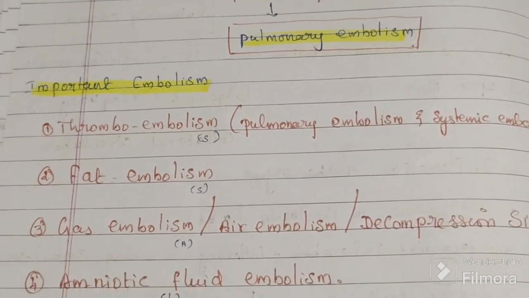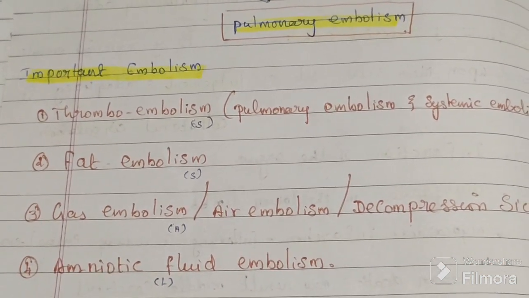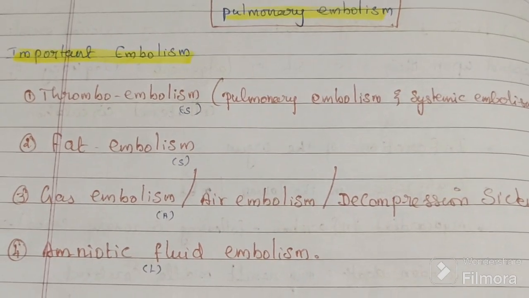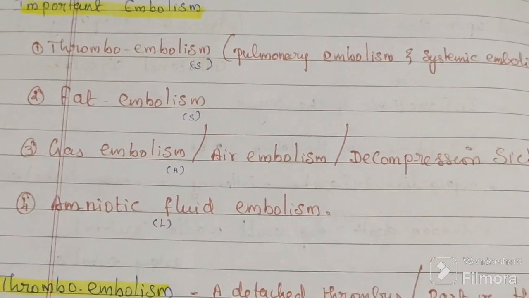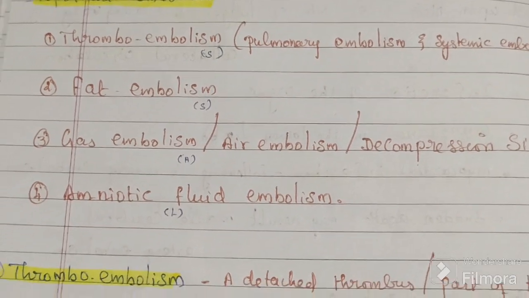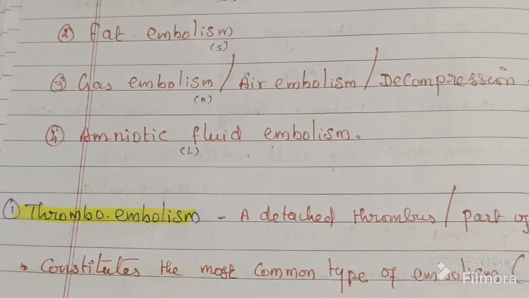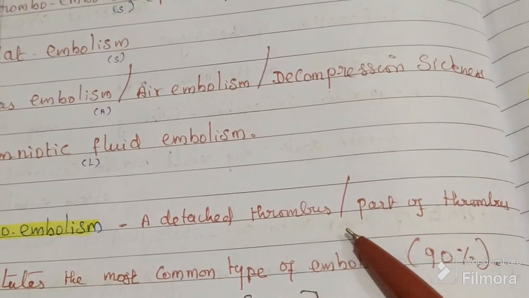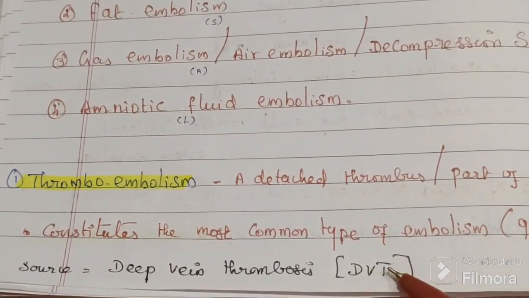Next, the types of embolism: thromboembolism, fat embolism, gas embolism, then amniotic fluid embolism. We will discuss them one by one. First, thromboembolism. We already know it is the detachment of a thrombus or part of a thrombus.